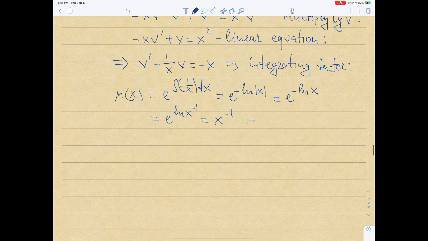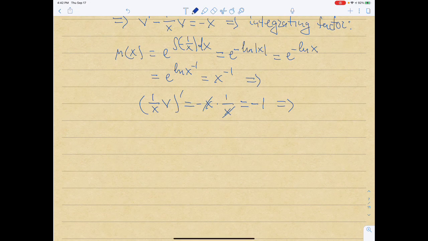And then I know that if I multiply my equation here by the integrating factor, then the left-hand side will look like integrating factor 1 over x times v, quantity, prime, right? The right-hand side is minus x times the integrating factor x to the minus 1, which is 1 over x. So x goes away, and you have all of this equal to minus 1.